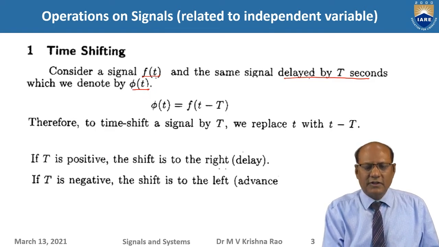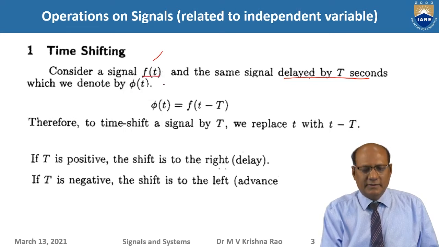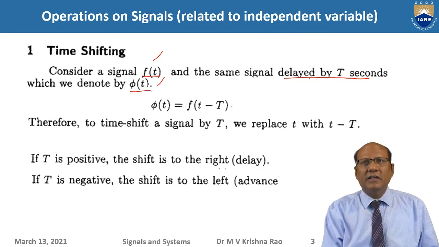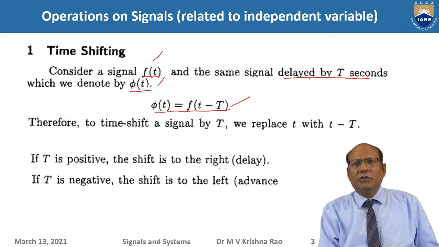So f of t is the original signal. I want to manipulate this f of t by delaying it by T seconds. Then I am calling this signal phi of t. So mathematically, this is the expression: phi of t equal to f of t minus capital T, and T is the shift in time.